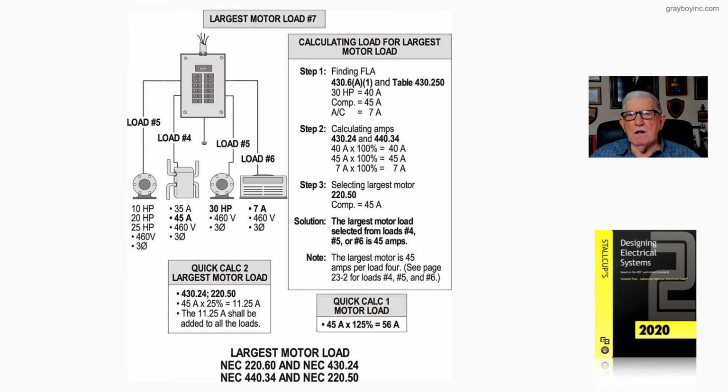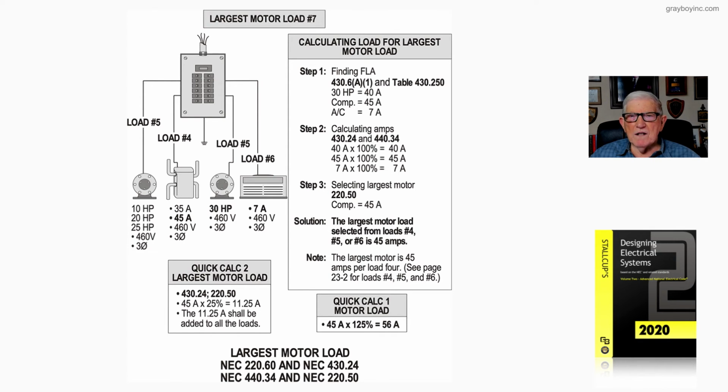So when we do the calculation then, in calculating the largest load, for the largest motor, 430.6A1 again refers us to 430.250, the table, and 30 horse is 40, the compressor is 45. So now see, we're taking the 30 horse in load 5, load 4, the compressor, we're comparing them, and we take the air conditioner, and which one would be the largest?